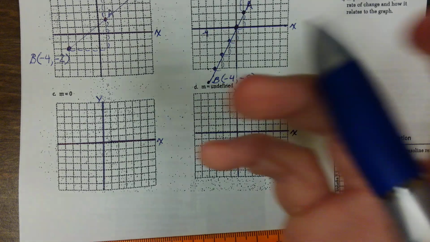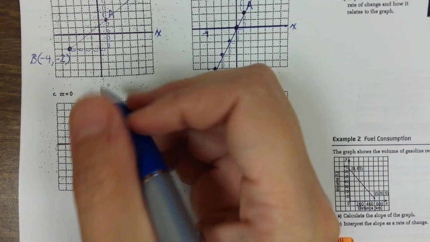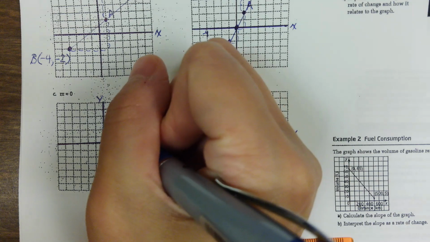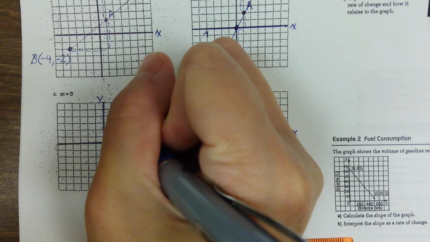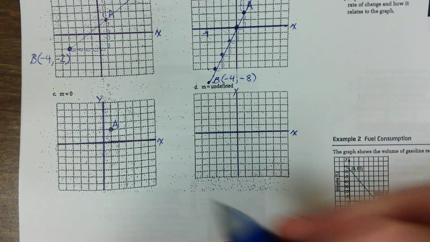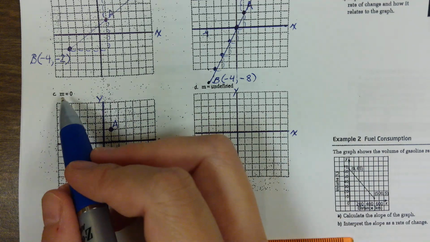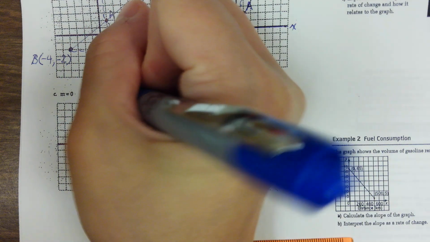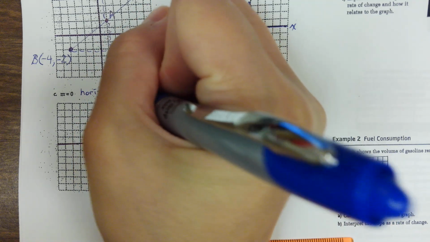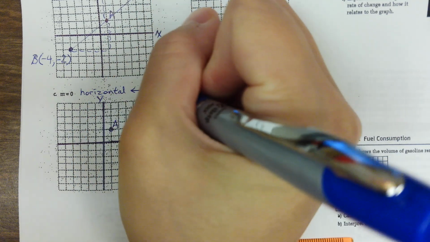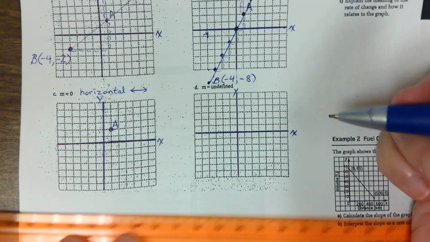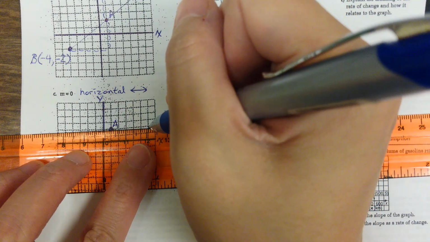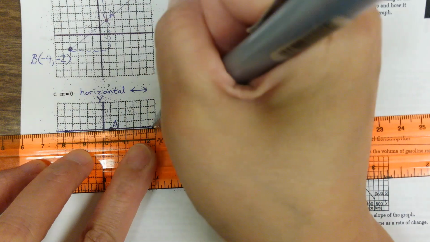Okay, what if the slope is 0? Okay, so (1, 2), this is my point A. Okay, last class we talked about when m equals 0, it means it's a horizontal line. So I'm gonna get a line that goes this way. Okay.